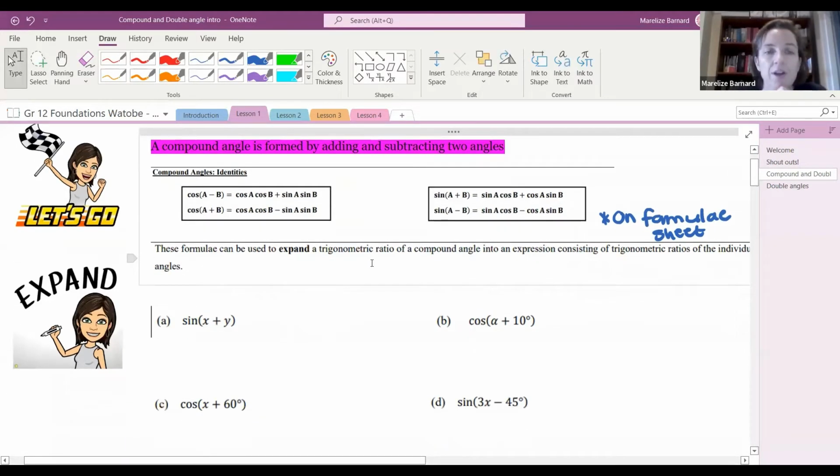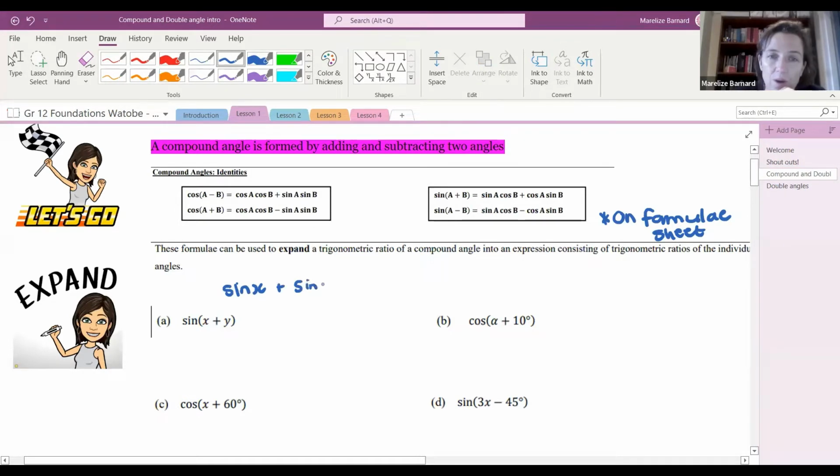How does it work? Here's sine x plus y. And straight away, I just want to remind you that sine x plus y is not sine x plus sine y. We don't distribute the sine or the cos into the bracket with the angle. No, because we have a compound angle identity for it. So sine x plus y goes with this one here, sine a plus b.